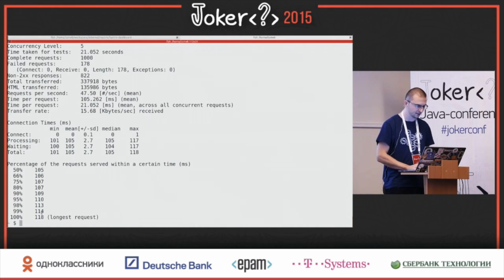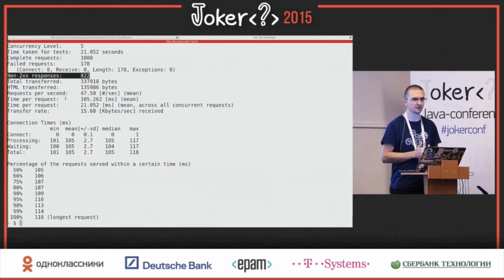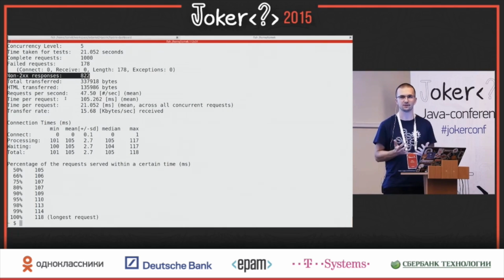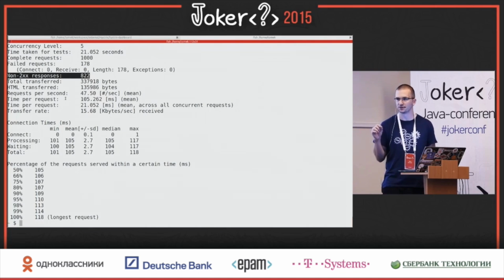They are slightly bigger because the payload was bigger, but I guess it doesn't really matter that much. But this one is important. We have 822 failed requests out of 1,000, which is precisely what is to be expected, because the simulated error rate was 0.8, right?